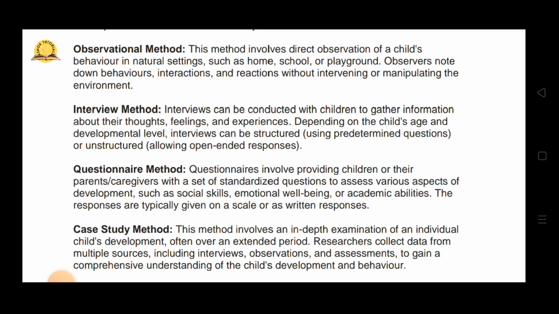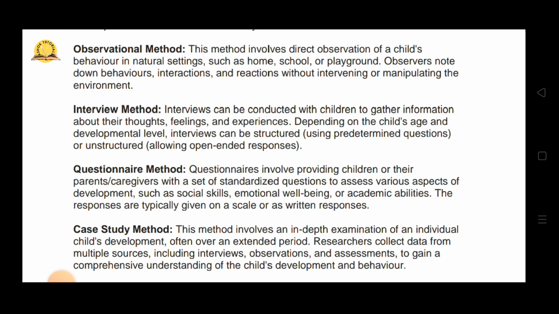So here, when we are doing child study, we follow certain methods. One of the methods is the questionnaire method. Here we prepare questions, and these questions are provided to the children. We put questions in which the learner can give his or her ideas about how he feels in a society, how he feels emotionally, and what his abilities are in the academic field.